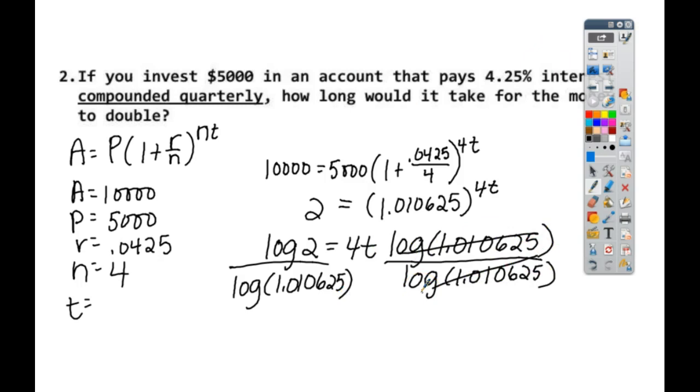So after I divide, what do I have to divide by 4 at the very end? This is the answer, divided by 4. No. Somebody tell me how many years. It's 16 point what?